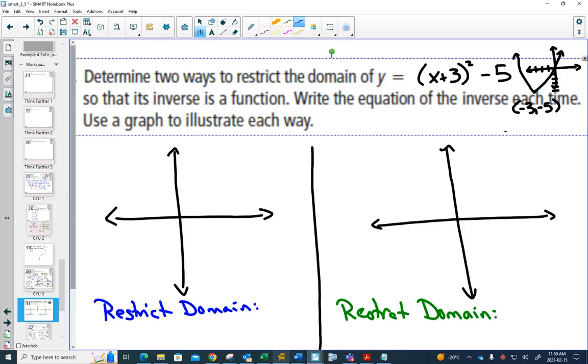The x-coordinate of my vertex is going to be important for splitting that parabola in half. So on my blue one, I will take my x-coordinate and just choose x is bigger than or equal to -3. On my green one, I'll choose the other half when x is less than or equal to -3. And so I'm going to draw -3, -5, that vertex.